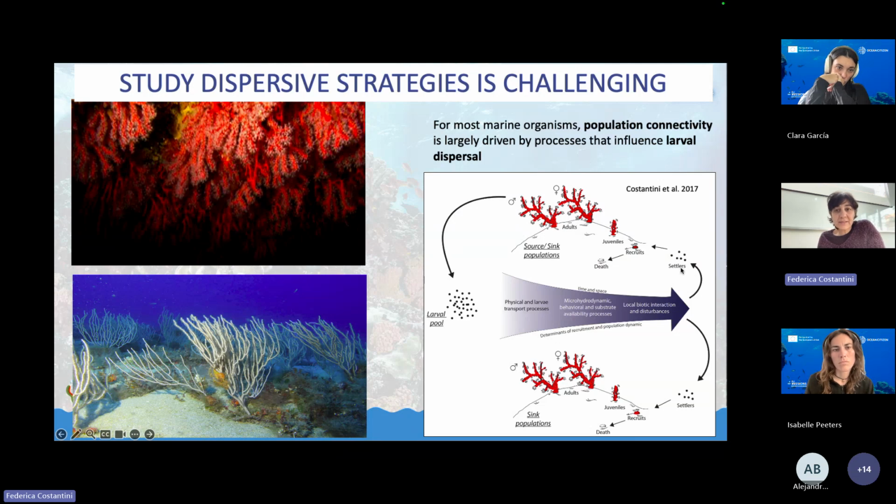After the settlement, post-settlement processes can further reduce the number of individuals that successfully recruit and grow until reproductive age.